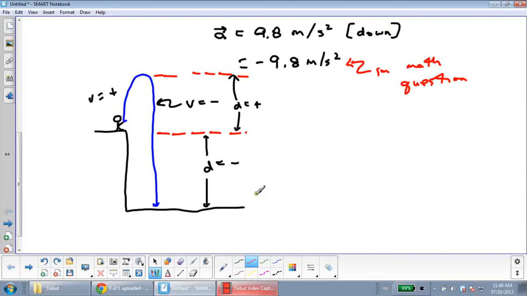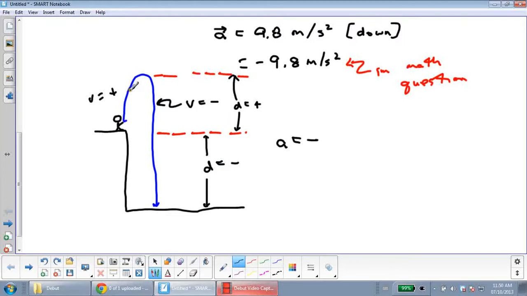And one other thing: at all points in this trip, a is negative. Even when the ball is going up, it's slowing down, and so the acceleration is always going to be down. Sometimes we just have to keep track of what the signs are so our answers make sense.